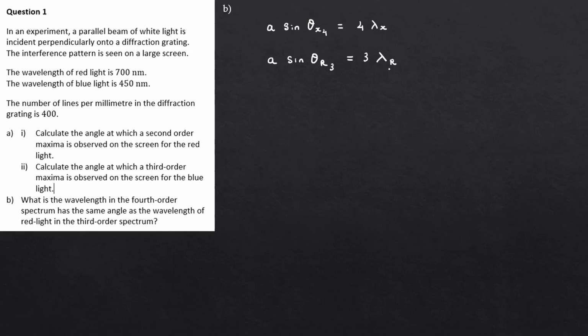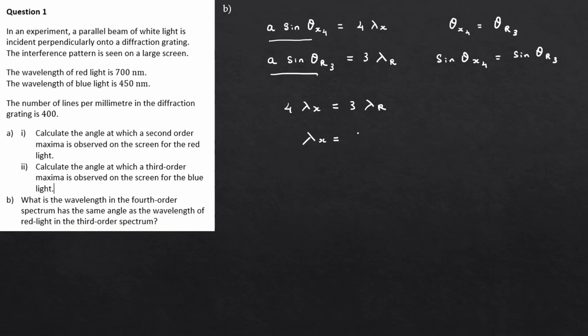As you can see here, the lines coincide, has the same angle. Ça veut dire theta X4 égal theta R3. Alors, sin theta X4 obligé égal sin theta R3. Alors, nous sommes capables d'équater des deux côtés. Là, nous prenons 4 lambda X égal 3 lambda R, et lambda X égal 3 sur 4 lambda R. Alors, ça veut dire 0.75 de 700 nanomètres.